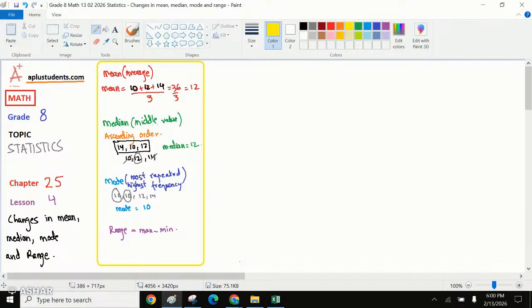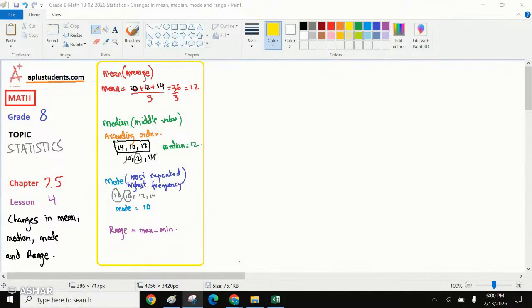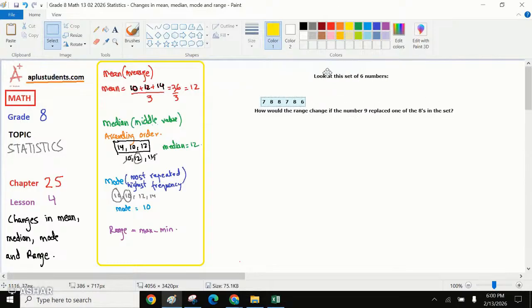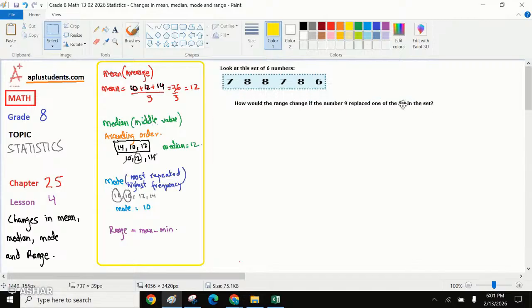Let's look at the first question. Let's look at a set of 6 numbers. What they are saying is if we change one of the numbers, what impact would it have? If these are the 6 numbers that have been provided to us, how would the range change if the number 9 is replaced by 8?